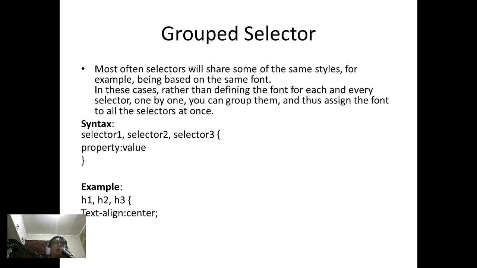In our case, we'll be assigning a text alignment to our headings. We just have a list of all the selectors, separated by commas, and then the property and value. In this example, we have H1, H2, H3, all of which have text-align center.